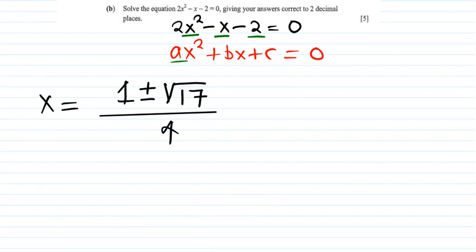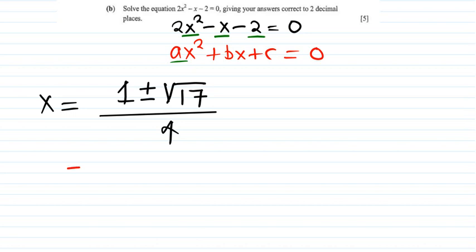So at this point, calculators are allowed in paper 2. So what is the square root of 17? Okay, so you can punch it out on the calculator.